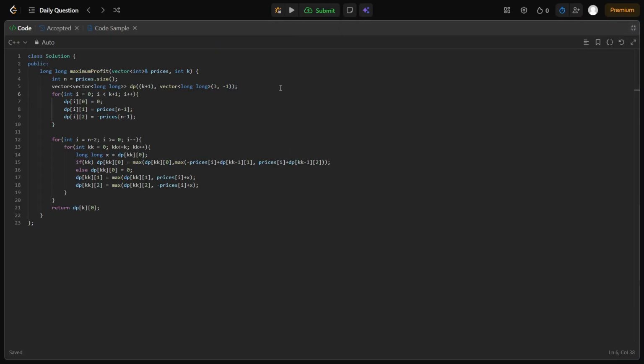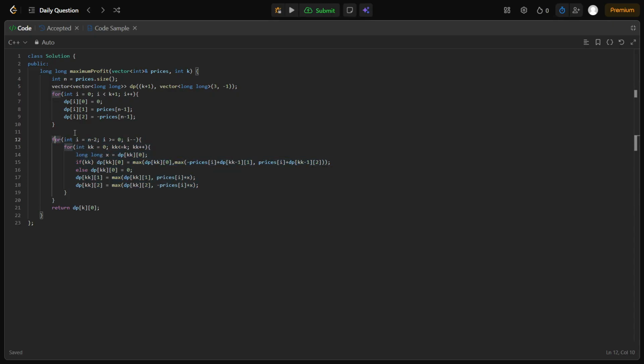Yes, this is the most optimized solution, in which we have made an array of, sorry, the time complexity is n into k, and the space complexity is k only, because we don't need the solution for multiple i's. We need the solution for just one I.